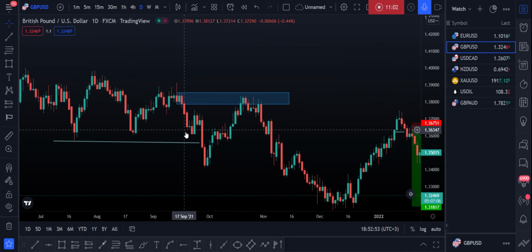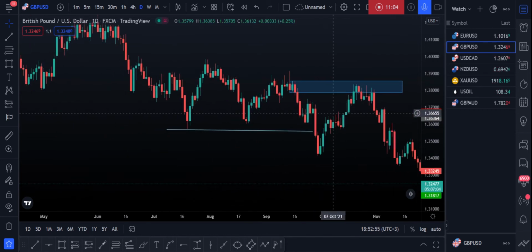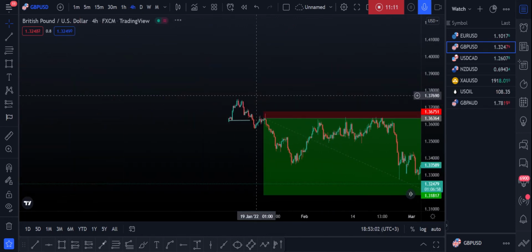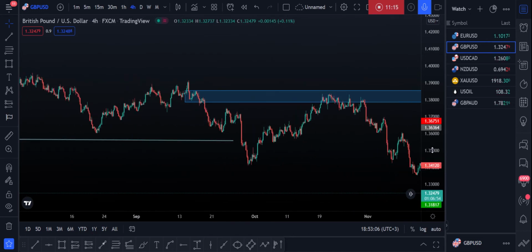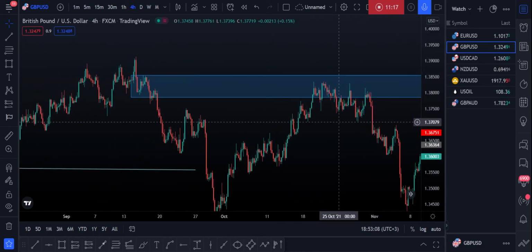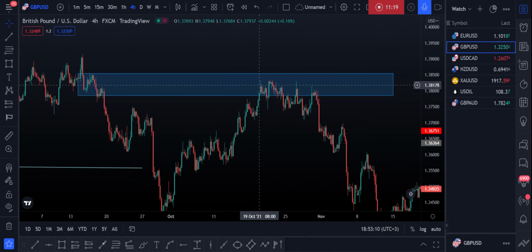Now, all you will wait for is for price to come back into that zone and go on the H4 and monitor. So hovering onto the H4, as soon as price tapped into our area, we now monitor structure.